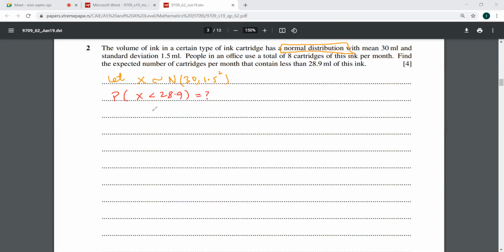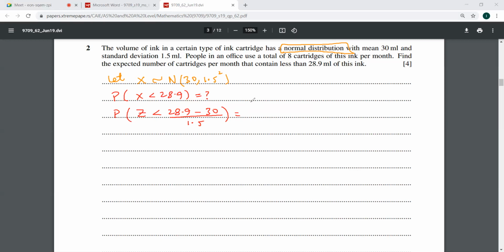Your first step is always to standardize. So Z is less than 28.9 minus the mean over the standard deviation, which is given as 1.5. Let's use the calculator.